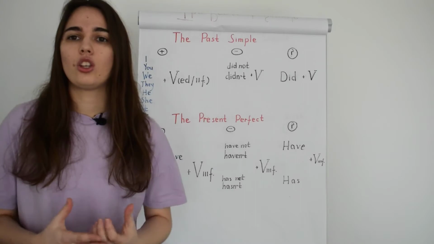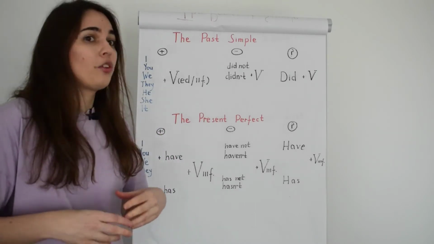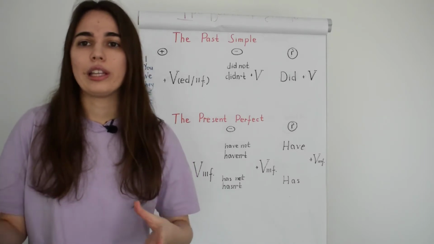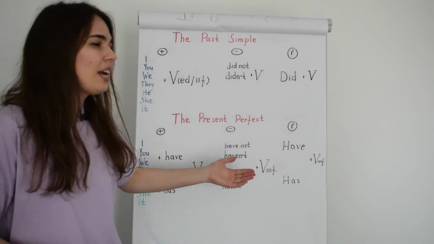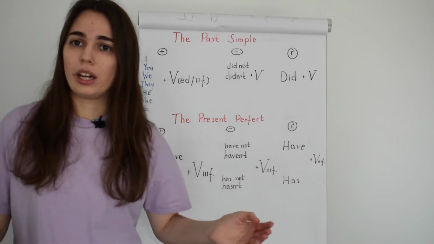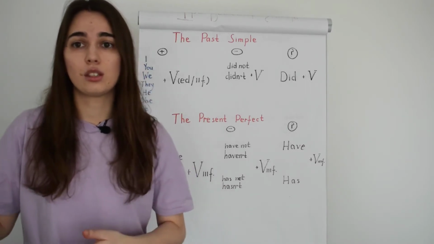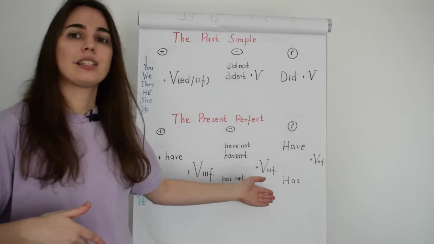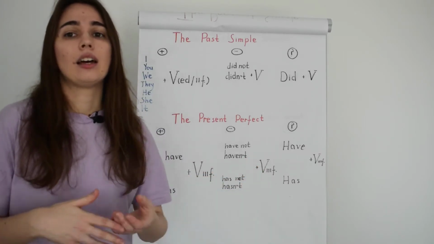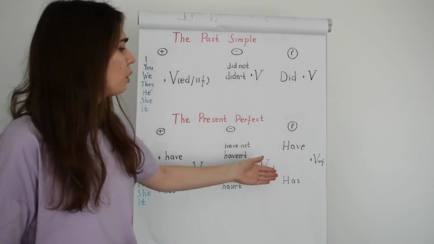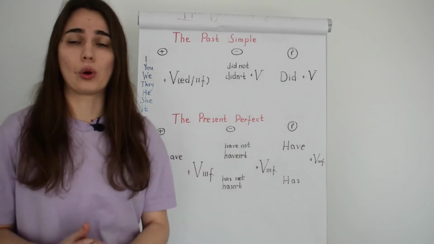If we want to ask about our friend's experience, our colleague's experience, we say, have you been somewhere? Have you tried sushi? Have you visited this place? Or has she, has he done something? Again, we need to use the verb in the third form.